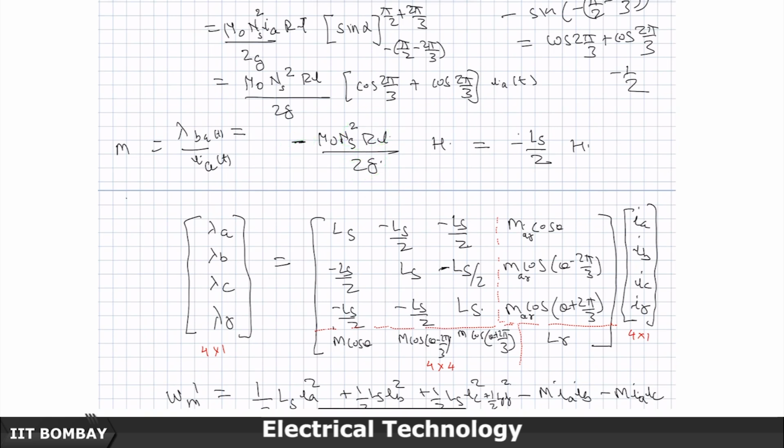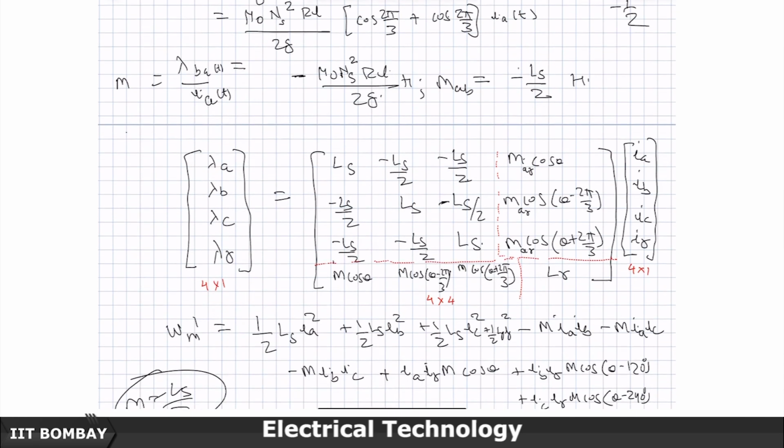So, therefore, the mutual inductance MAB is going to be equal to minus of Ls by 2. Then the same way MAC will also be minus Ls by 2, MBC will also be minus Ls by 2. So, all the stator side mutual inductances are going to be minus of Ls by 2, where Ls is the self inductance of all the 3 A phase, B phase, C phase stator windings.